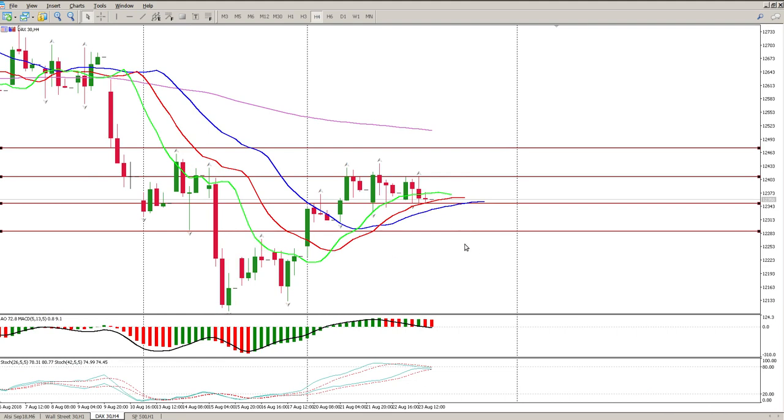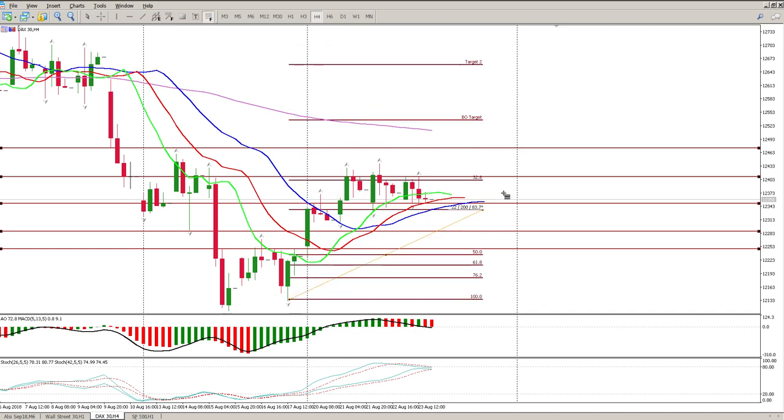So that would definitely, this area here of 12286 to 12250, that is definitely an area that I'd be looking for profit taking. Okay, now I just want to do one last thing here.